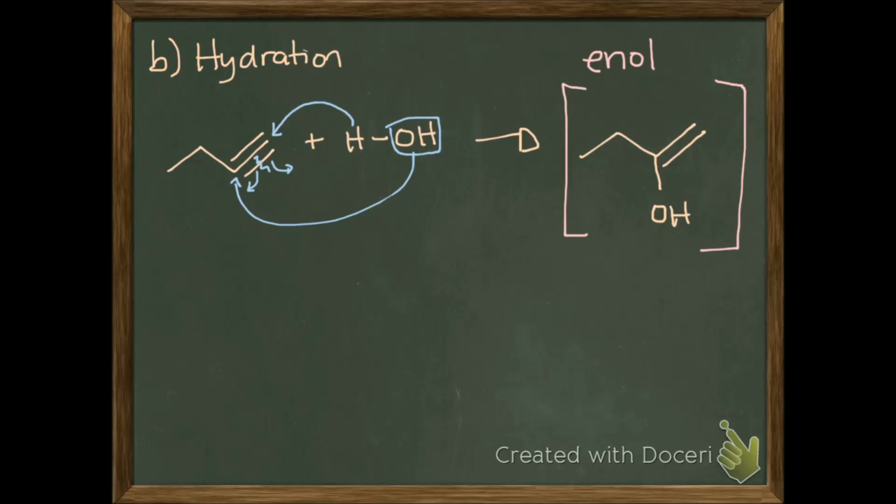What will happen almost immediately is that this enol will be transformed into a ketone. This is something like this. And this will be the final product. This is a ketone.